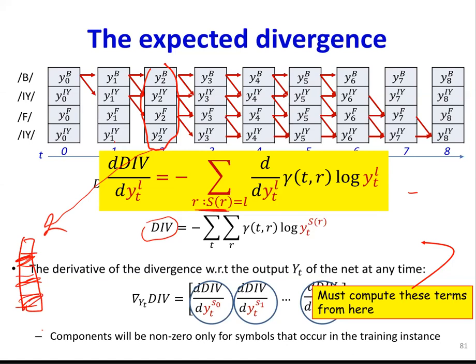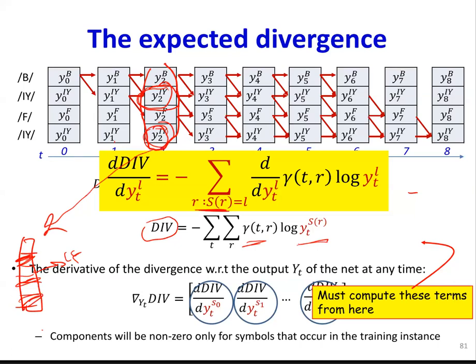Okay. Now consider a symbol like E. E occurs twice over here, right? The contribution of E is going to be the gamma at this location times log of the probability of E, plus the gamma at this location times the log probability of E, right?